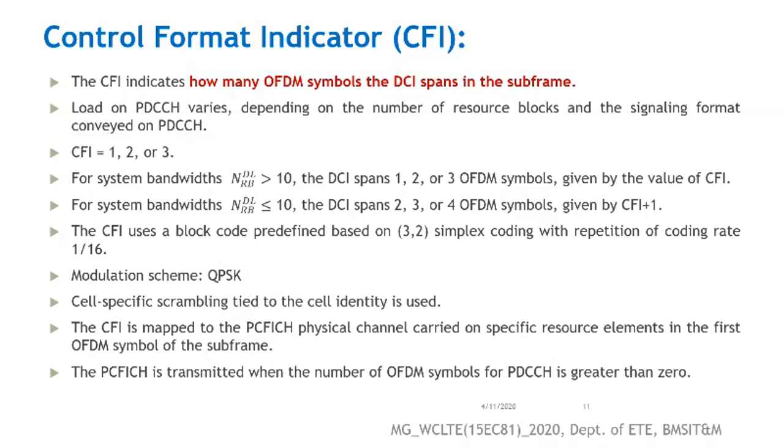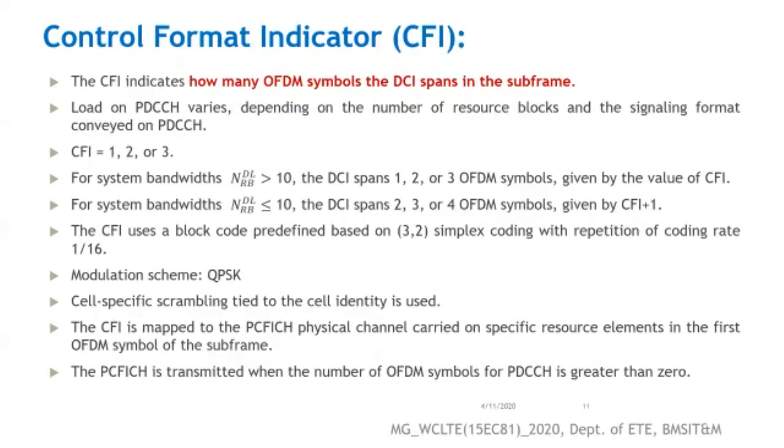So the CFI takes the value of 1, 2, or 3. This control format indicator can be equal to 1, 2, or 3. So we decide whether the CFI is 1, 2, or 3. That depends on the system bandwidth.